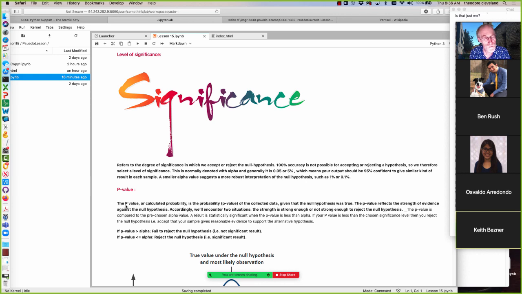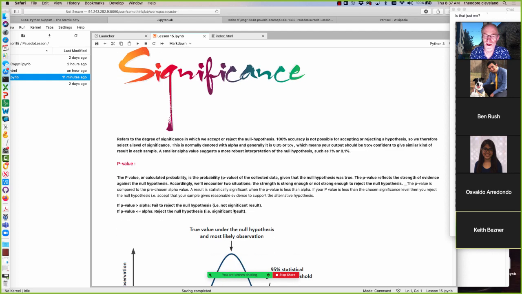So the p-value is an important term that we'll see repeatedly, and it has a couple of interpretations. The p-value, or the calculated probability, is the probability of observing the collected data given that the null hypothesis was true. And the p-value reflects the strength of evidence against the null hypothesis. So we will encounter two situations in hypothesis testing.